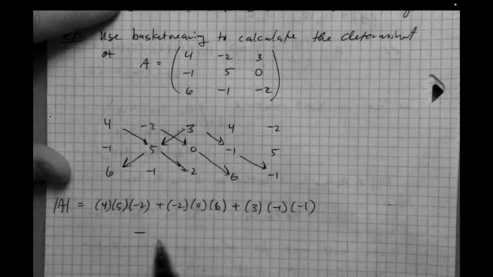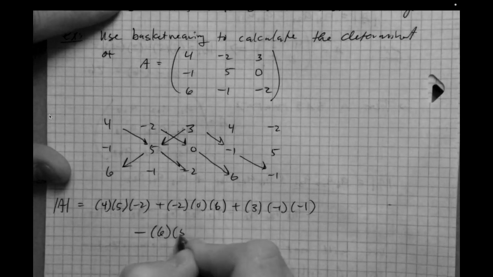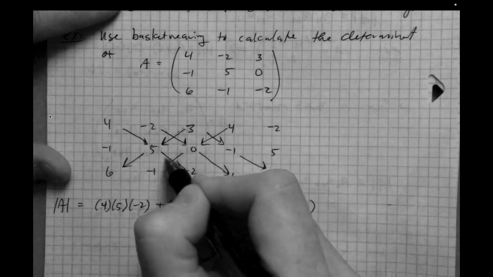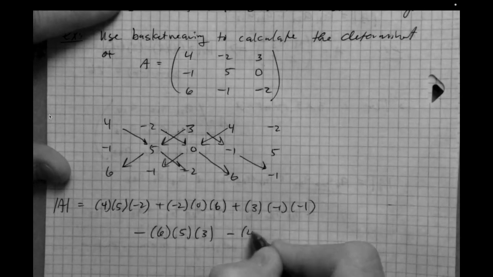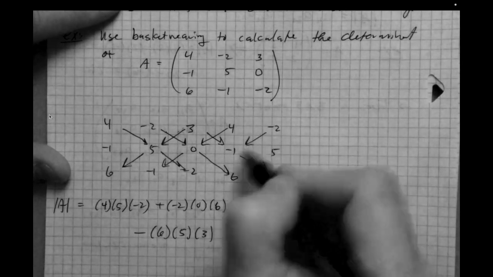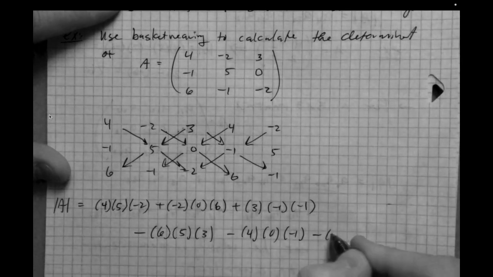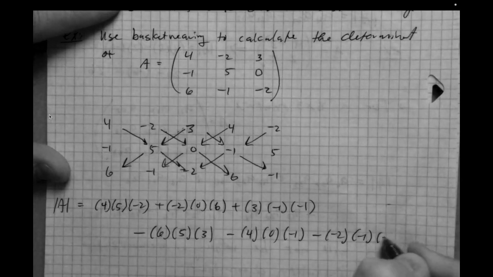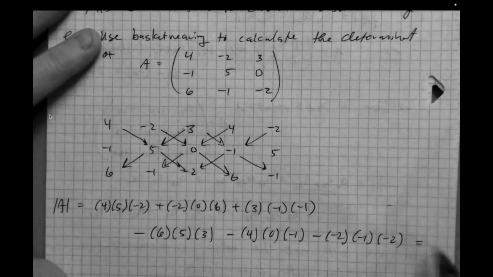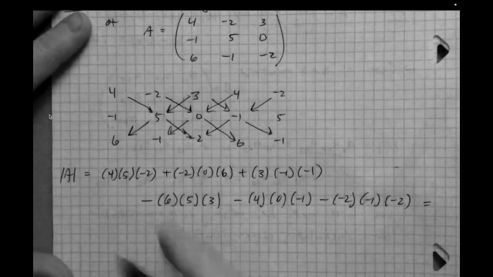So it would be those three: 6 times 5 times 3, minus these three: 4 times 0 times -1, minus, and then finally those: -2, -1, -2. Again, we memorize nothing here, and we can remember how to do this.